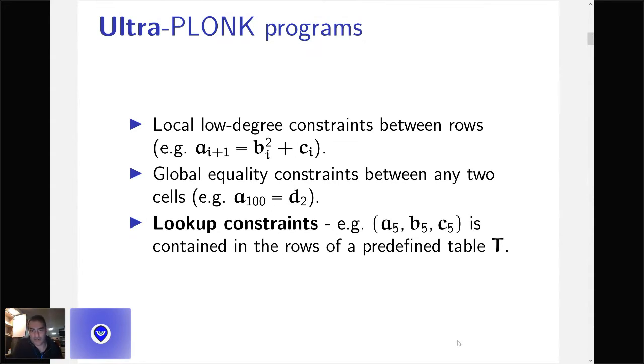So you can think of this table as, say, some function like XOR where you have 2 inputs and 1 output, and the rows of this table are all combinations of legal inputs and legal output. So this is what we've been calling Ultra-PLONK, these programs where you additionally have this lookup ability.